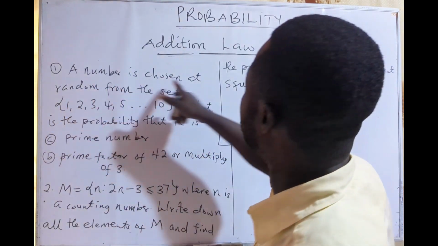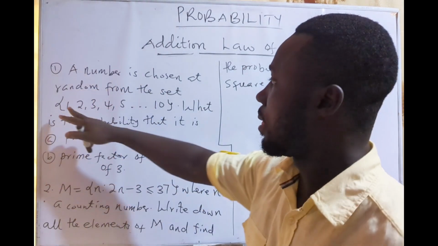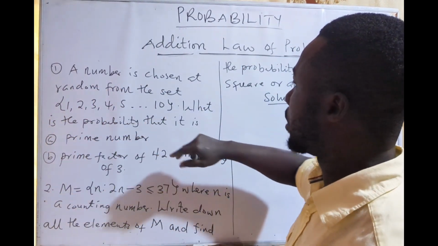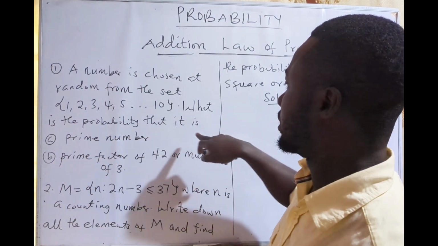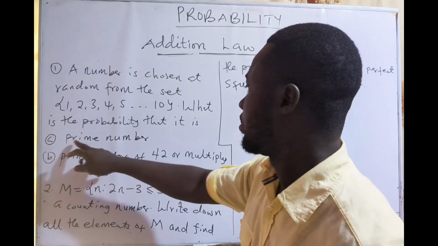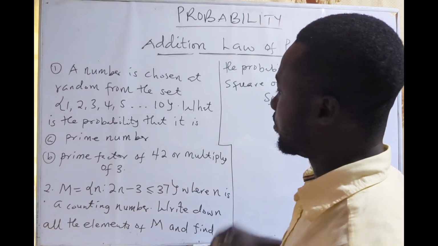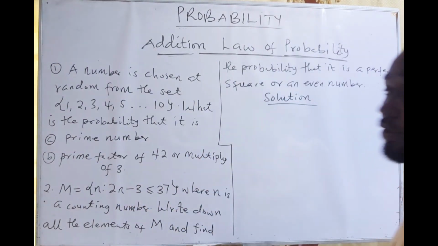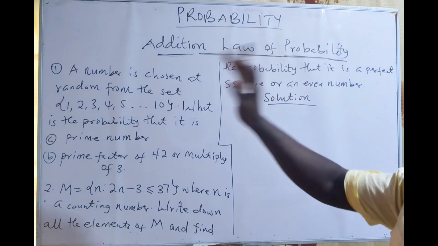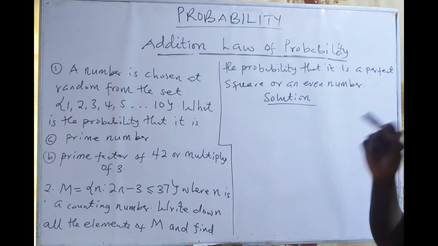Number 1: a number is chosen at random from the set 1, 2, 3 up to 10. What is the probability that it is A, a prime number, B, a prime factor of 42, or a multiple of 3? Let's start with number 1 first, then we come to number 2 later.